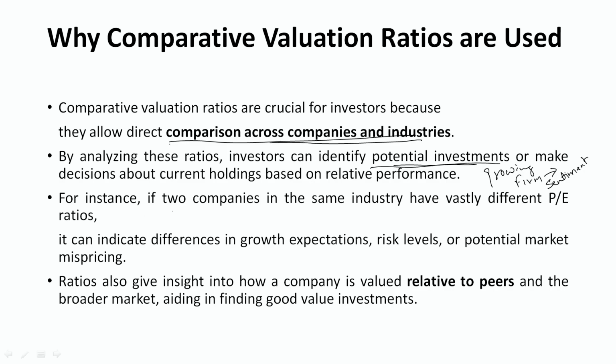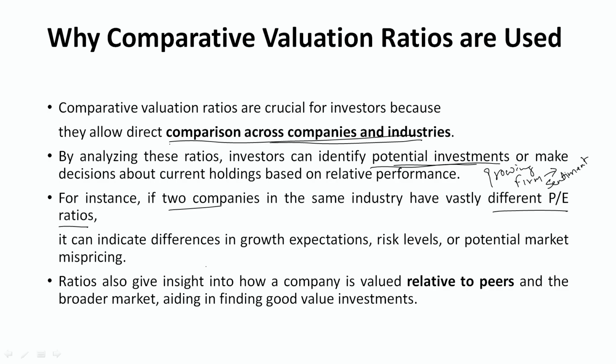That is explained here. If there are two companies within the same industry and they have two different PE ratios, which would you select? You would select the one which has a higher PE ratio.